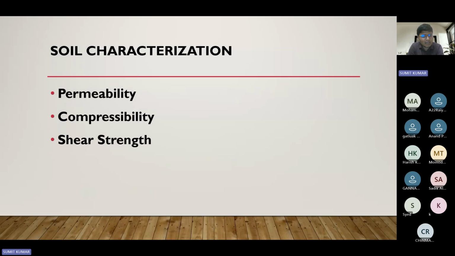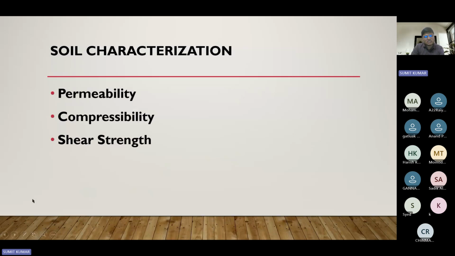Now, talking about soil characteristics, the soil characteristics are permeability, compressibility, and shear strength. As I have said earlier, now permeability. There are the four soil types, like granular soil: gravel, sand, silt, and clay.